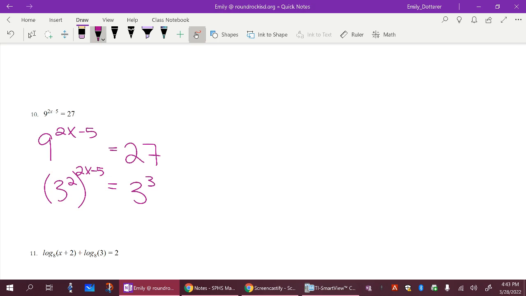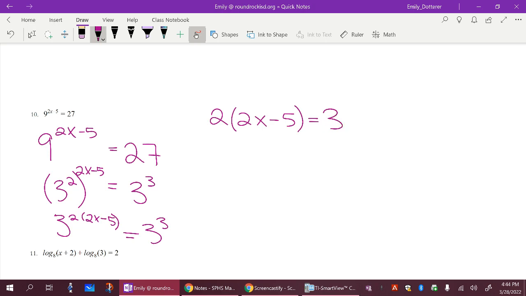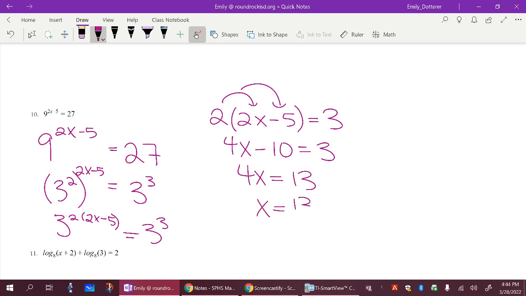And we know from the power rule that we can multiply those two exponents together on the left. So 2 times 2x minus 5 equals 3. So 4x minus 10 equals 3, which means that x equals 13/4.